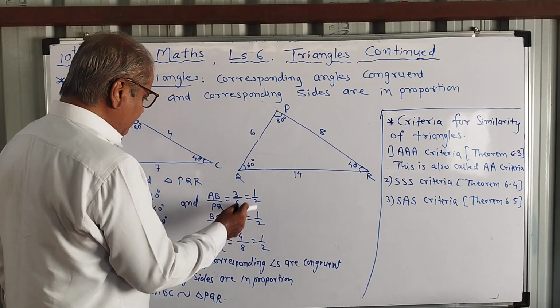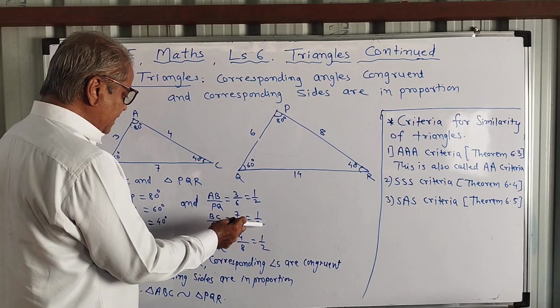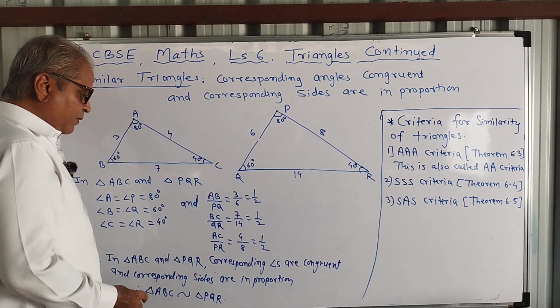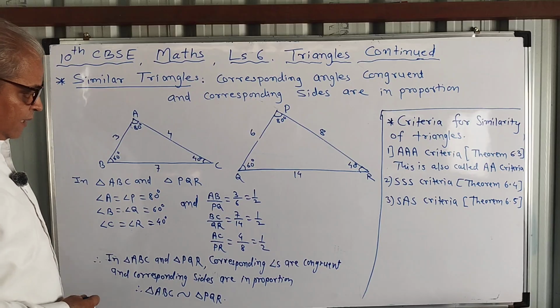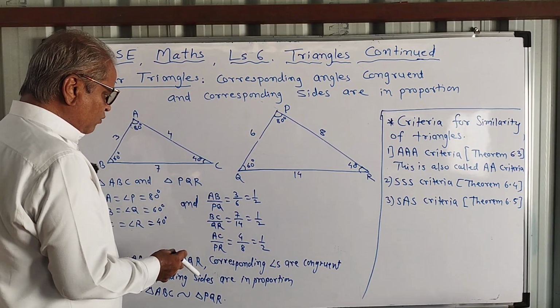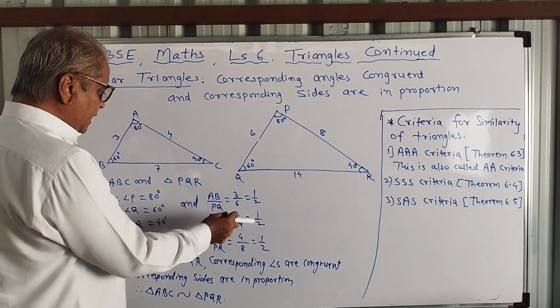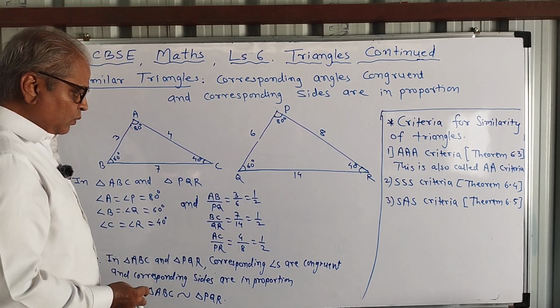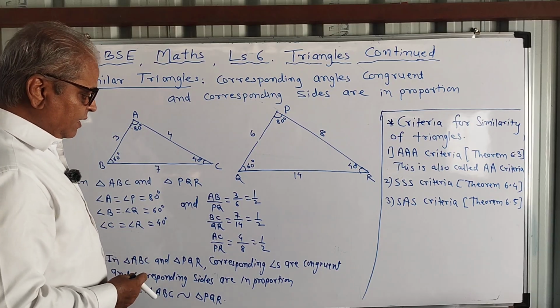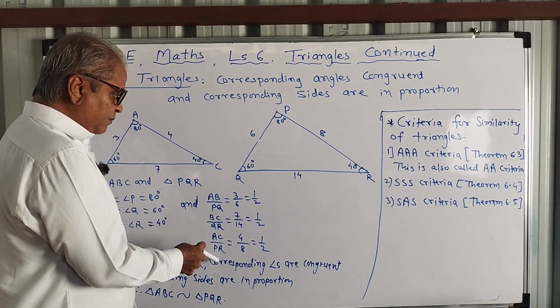BC upon QR is 7 upon 14, it is again 1 upon 2, and AC upon PR is 4 upon 8, 1 upon 2. That means AB upon PQ is equal to BC upon QR is equal to AC upon PR is equal to 1 upon 2. That is, the ratio of corresponding sides is equal, therefore sides are in proportion.